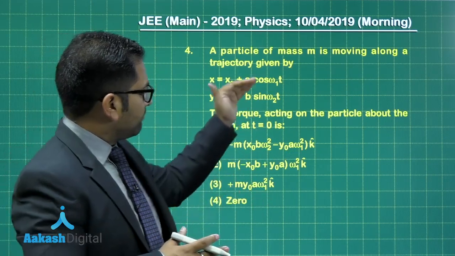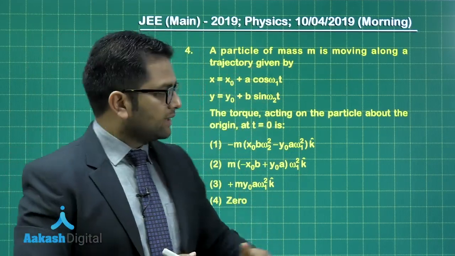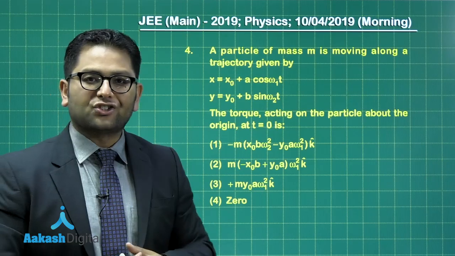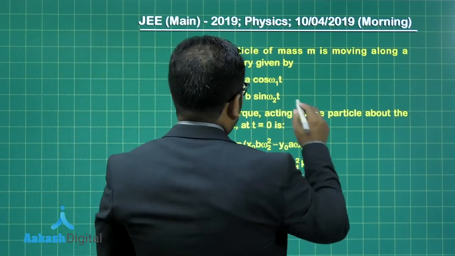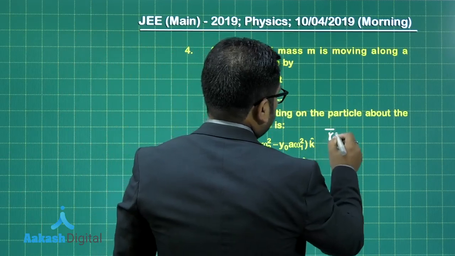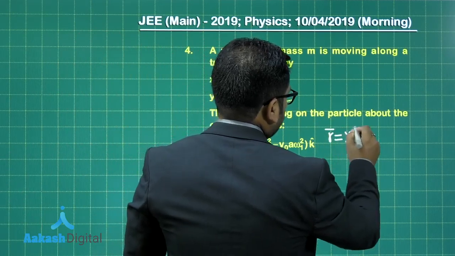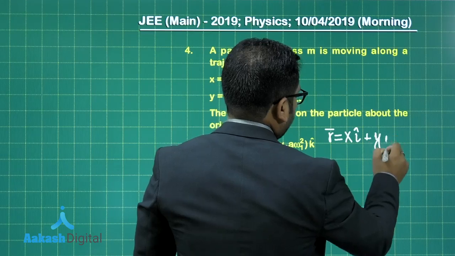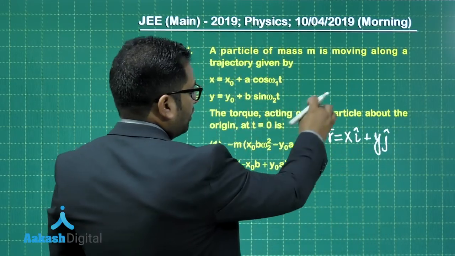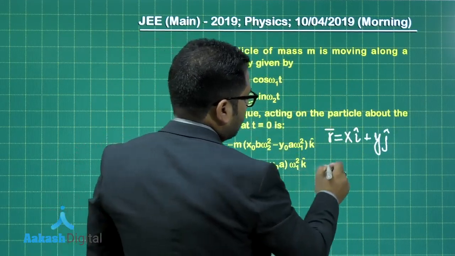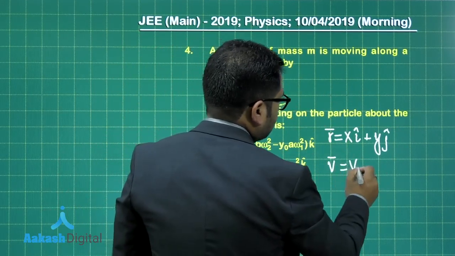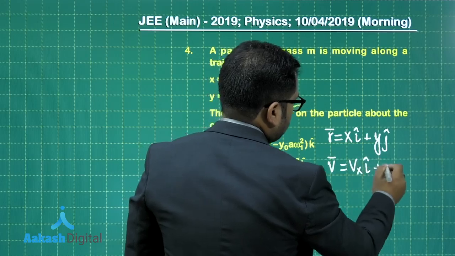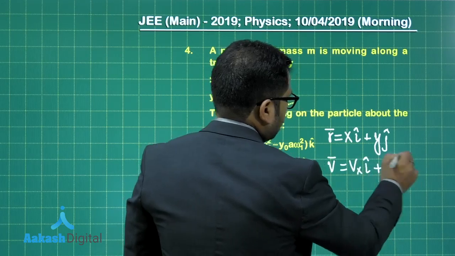What we'll do is that the position vector can be calculated, x i cap plus y j cap. With the help of this, I can calculate v by differentiating with respect to time, right? So that's going to be vx i cap plus vy j cap.